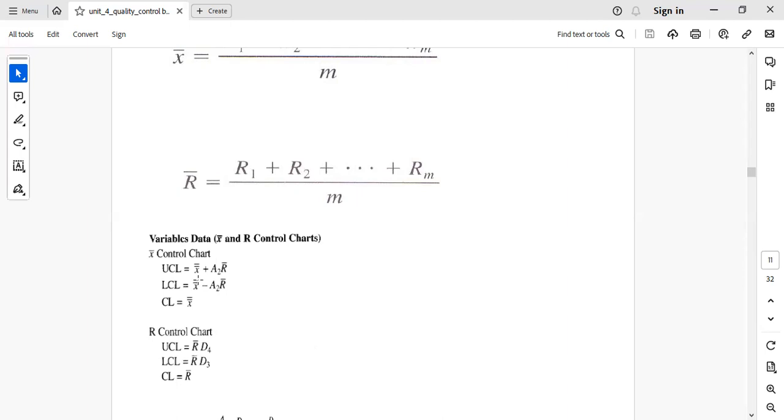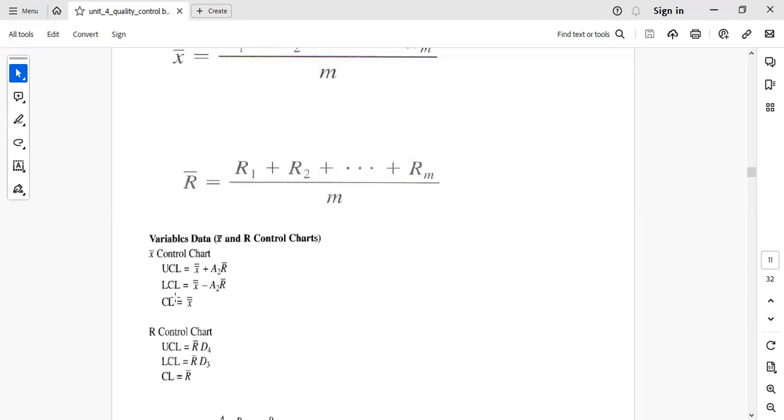From each sample you calculate its mean, then you add all the means and divide by the number of samples you have. And then you add the A2. And remember, A2 was coming from where we were estimating the standard deviation. And so we got this as the formula for the upper control limit, and the lower control limit.